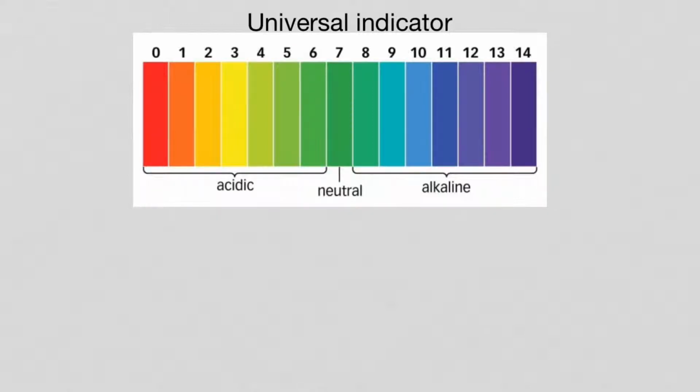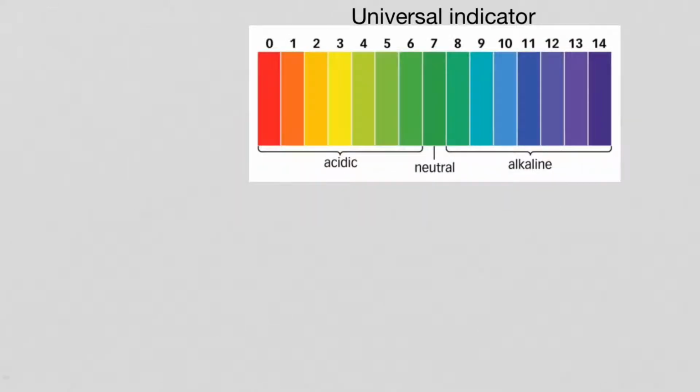And if you had a sample that was strongly acidic, it would turn orange or maybe even red if it was really acidic. Similarly with alkalis, if you had a sample that was weakly alkaline and you added universal indicator to it, it would turn green or blue. If it was strongly alkaline, it would turn blue or maybe even purple. So universal indicator is good at telling us how acidic something is and how alkaline something is.